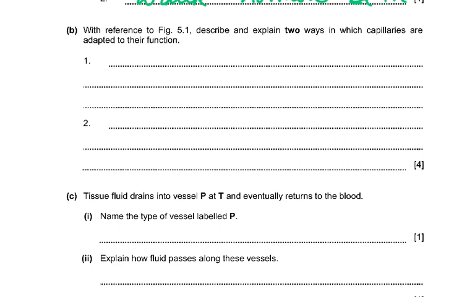Now as you can see here, there are 2 things. One is a describe and one is an explain. So you must think. So the describe first is it's got pores, or you can say holes, or you can say gaps in the capillary wall.